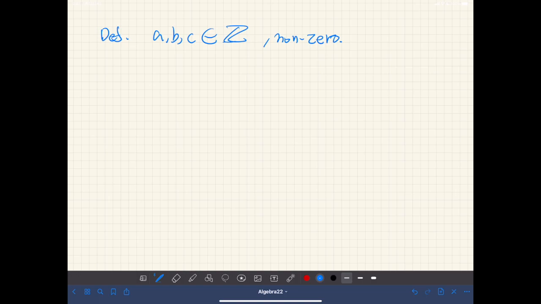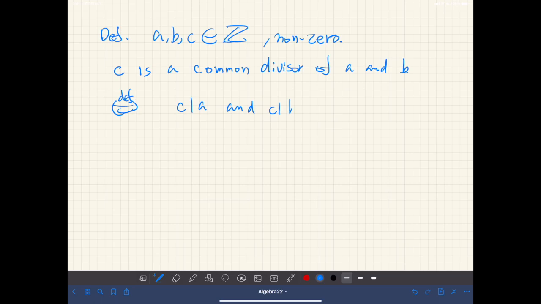Then we say C is a common divisor of A and B if C divides A and C divides B. So if both of these hold, then we say C is a common divisor of A and B.